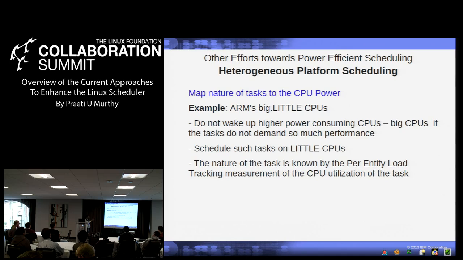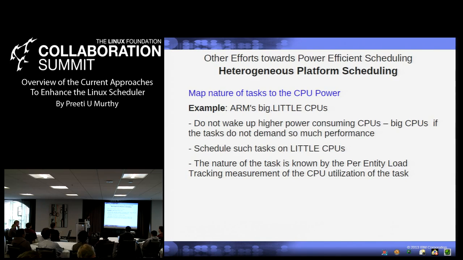You can make use of this platform if you know how to identify tasks. Currently in the scheduler that's not being done, and Paul Turner's metric brings that advantage to the table. It's able to identify a task as long running or short running. A short running task would ideally fare better if it's run on a little CPU, and a long running task would fare better if it's run on a big CPU.